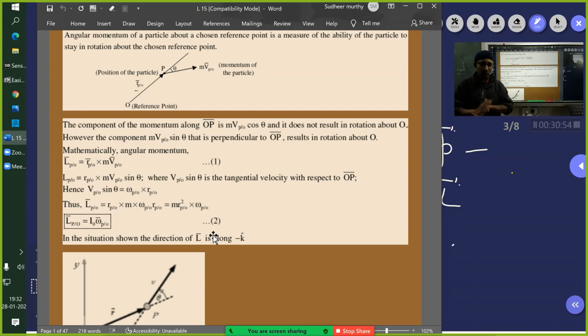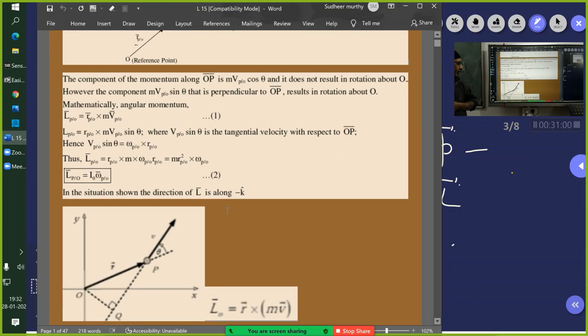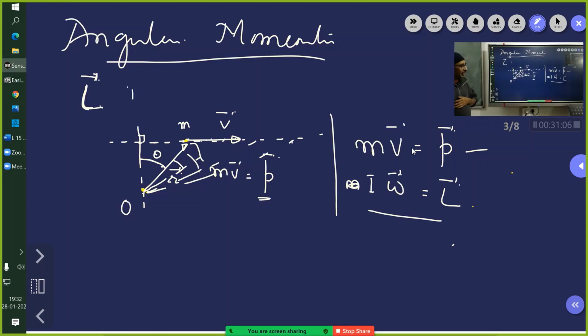So now we have to start becoming more and more alert when we are dealing with the angular quantities. Another important thing is, when we wrote this equation, the direction of P bar and V bar were the same.